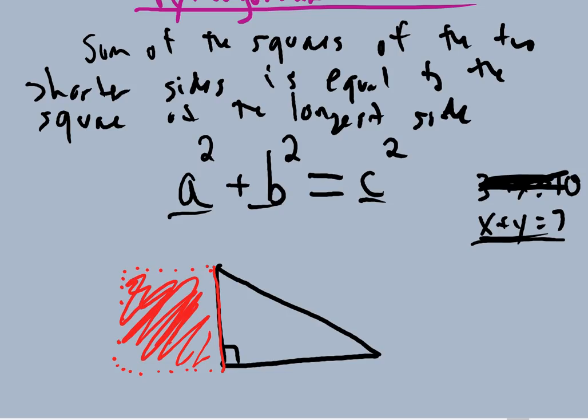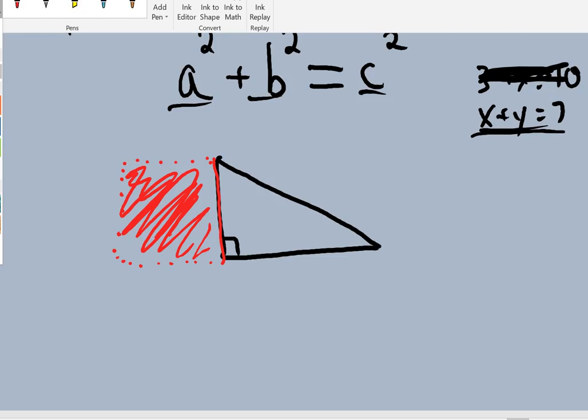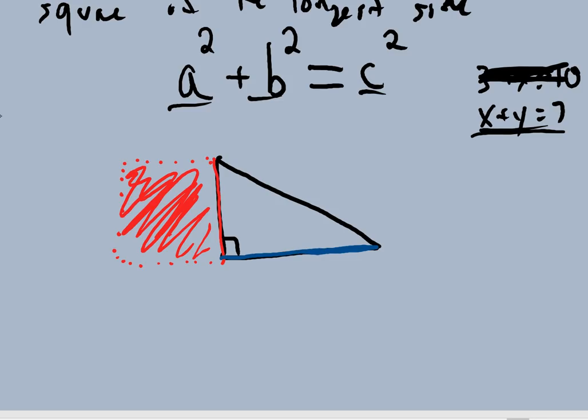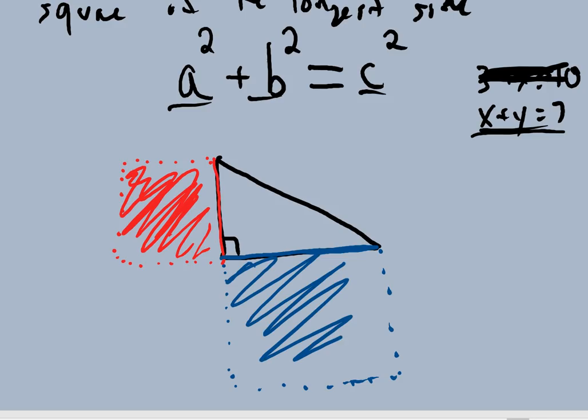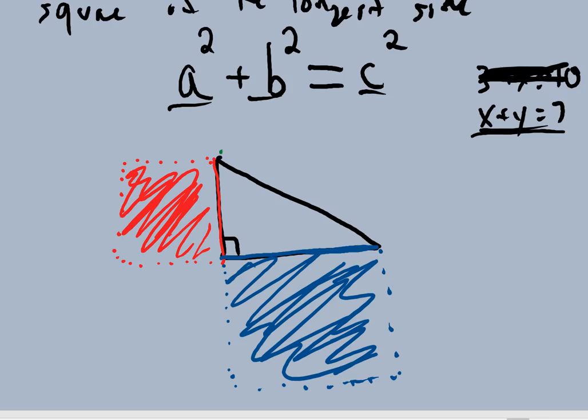Now, if I took the other shorter side and I square it, I'm going to be taking the area of that square. So I've taken the side length here in red and squared it, and the side length here in blue and squared it. What that is equal to is the area of the longest side squared.